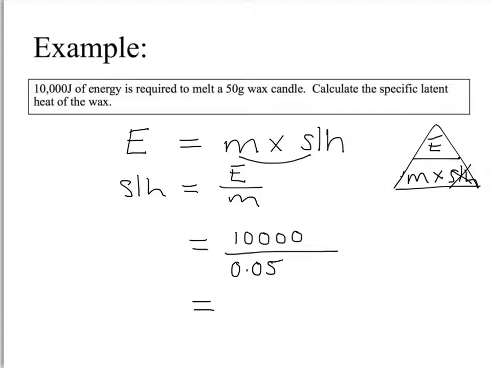Now I can put that into my calculator, and that gives me a value of 200,000. It's a specific latent heat, so my units are joules per kilogram. You will probably be given these units. You are unlikely to have to give them yourself.